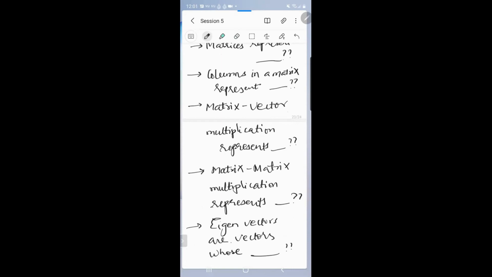Okay, of each unit vector. So if you have a 2 by 2 matrix, the first column represents where the vector along the x-axis landed, and the second column represents where the vector along the y-axis landed. What does a matrix vector multiplication represent?